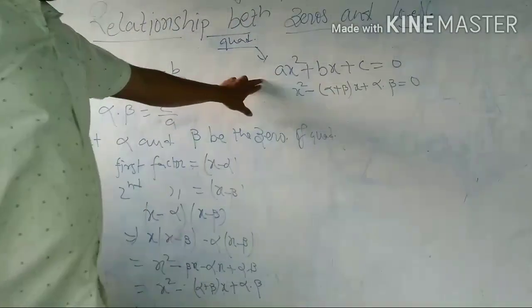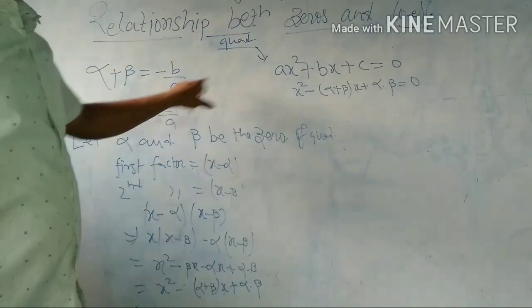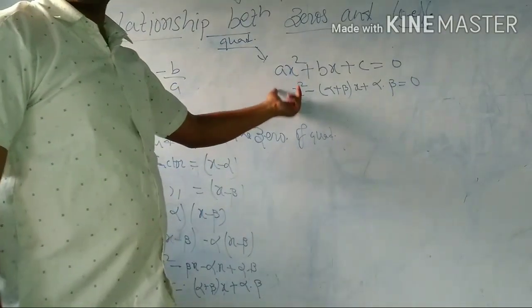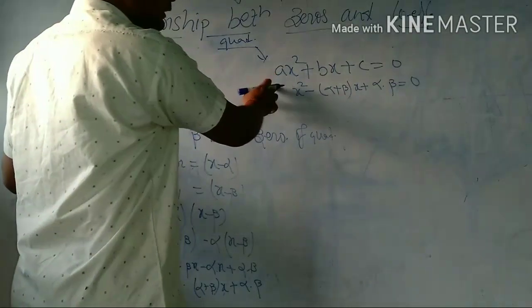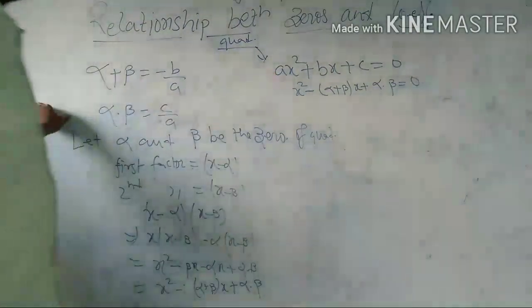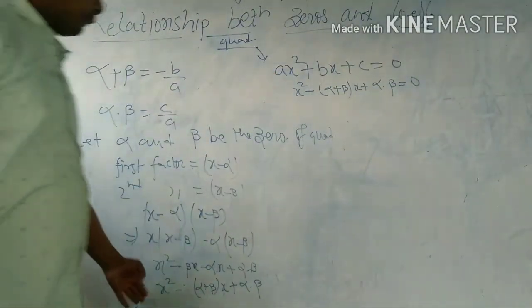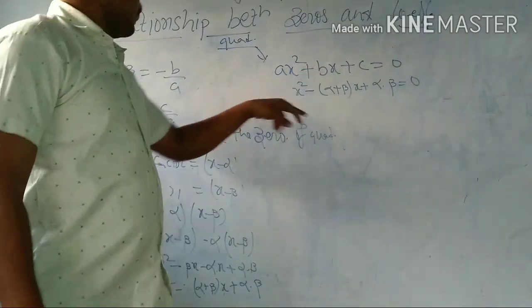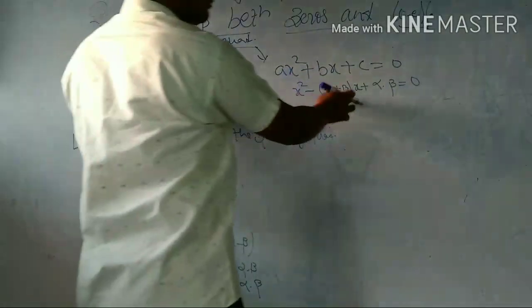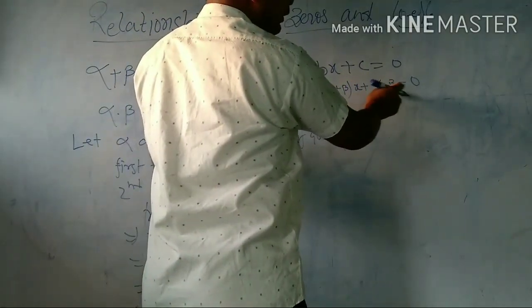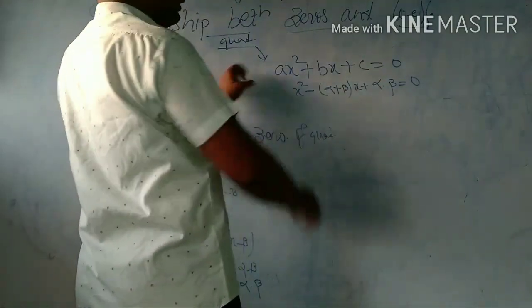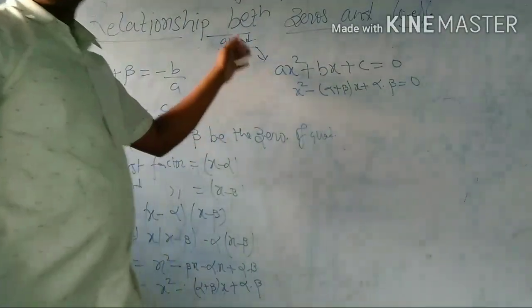Now this is possible when the coefficient of x square is 1, so it is only possible for the coefficient of x square equal to 1. From here we can conclude the relationship: alpha plus beta is equal to minus b upon a, and alpha into beta is equal to c upon a, to equalize the coefficient of the x square.